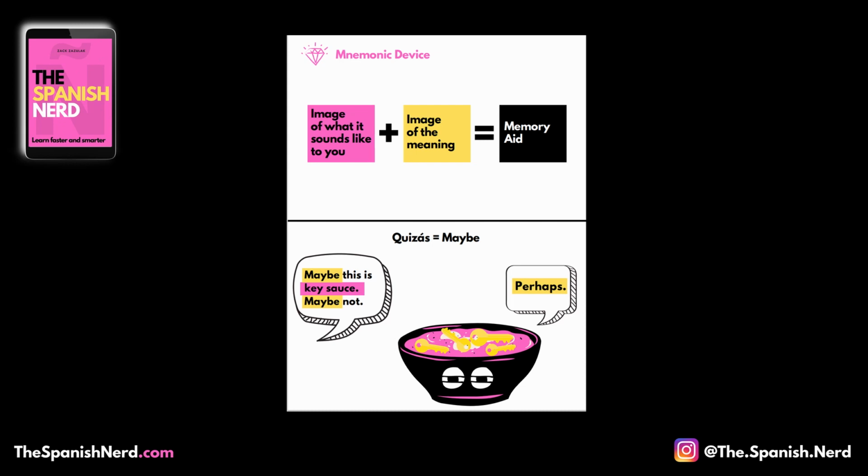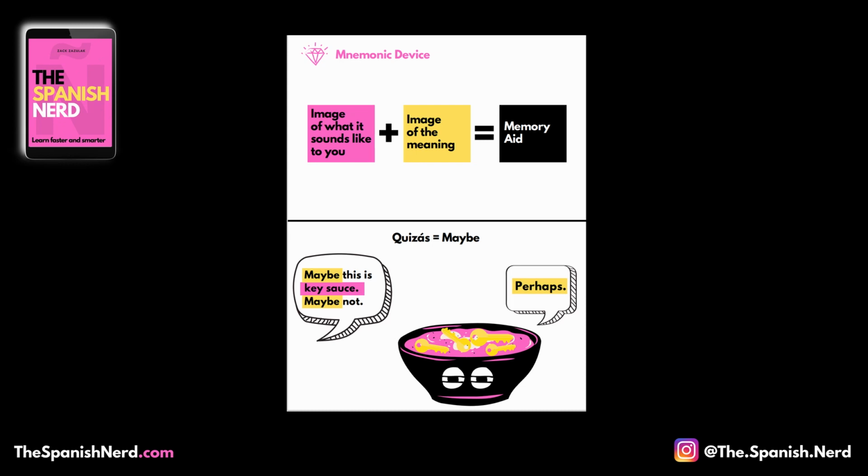Now, before we get into this one, this is just a reminder that you need to be creating memory aids every day, because unless you are some kind of amazing genius, you need to find ways to make your brain remember things. Your brain wants to make connections and be creative. So these are very powerful. This is just a reminder for you to keep making memory aids that resonate with you.